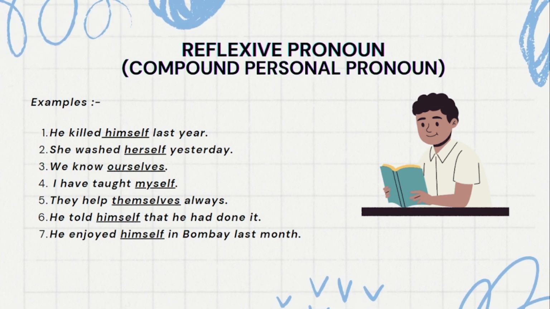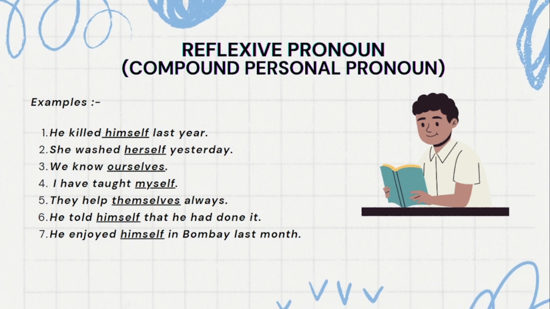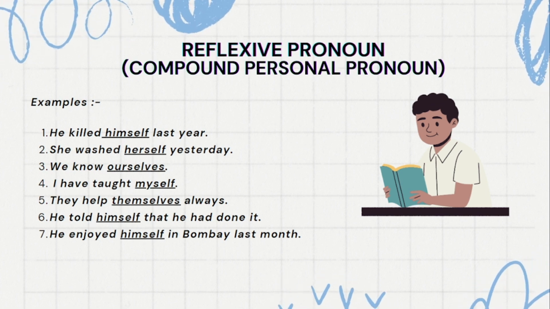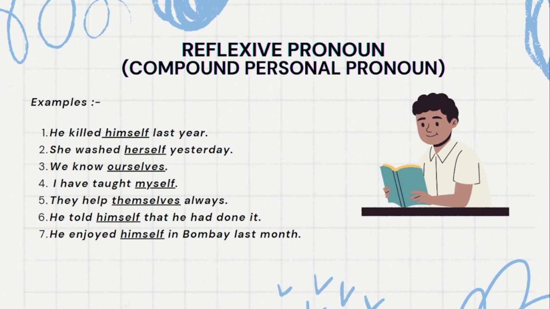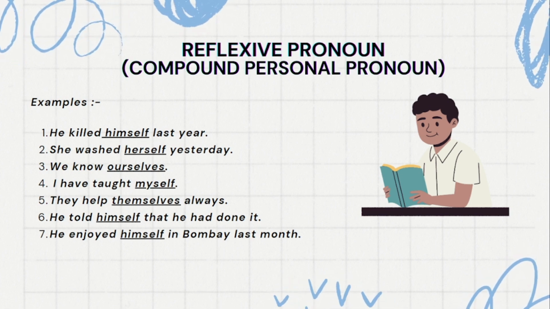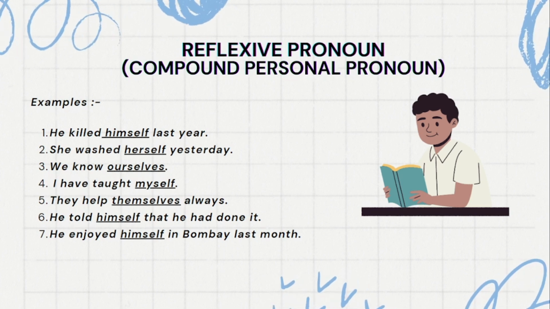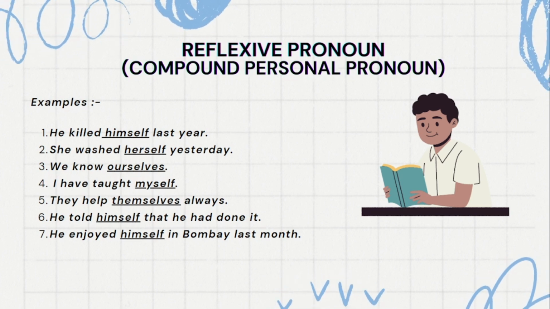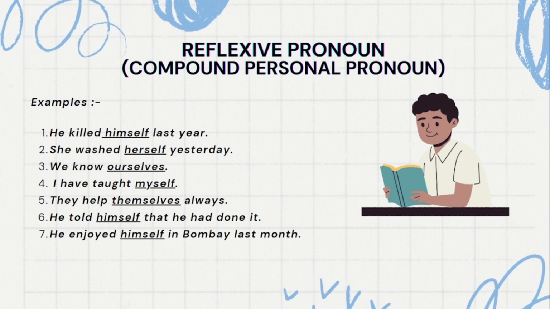What are the question words? What, whom, to whom, for whom. These four question words are used to find out the object in the sentence. Question the verb with whom. Whom killed? Answer is himself. So himself is the object in that sentence.